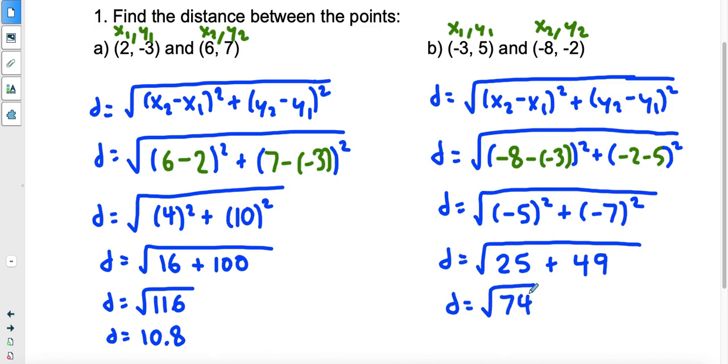So to get the distance between the 2 points, I just need to take the square root. If you plug this into your calculator, you'll see the answer is approximately 8.6. And so this distance formula I can use to find the distance between 2 points.